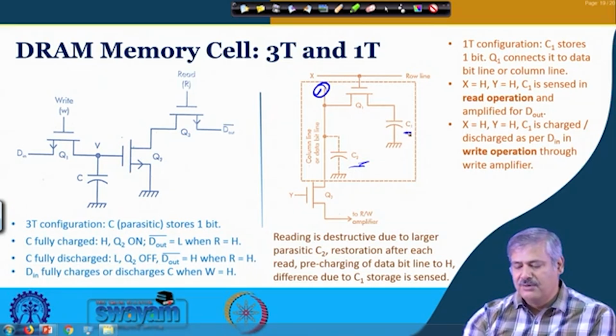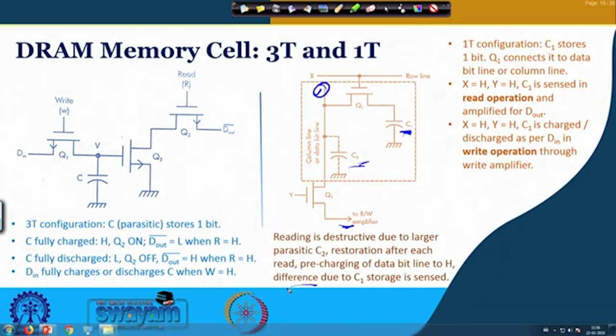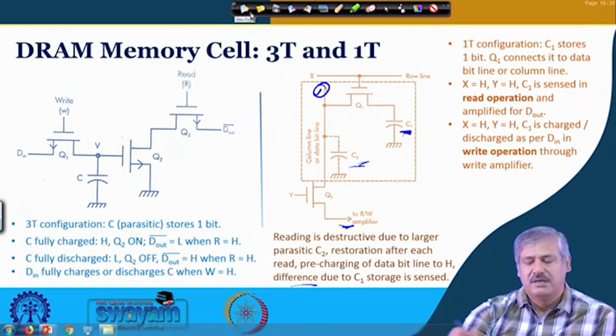After that, whenever this X becomes high, I mean this particular cell gets accessed, then depending on the value of C1, which is low or high, there will be a small increase or small decrease in this particular value in this reading. That difference is actually getting sensed. So, this is the other way of reading this particular thing. That is also something which we consider in this case, but it provides the maximum density.